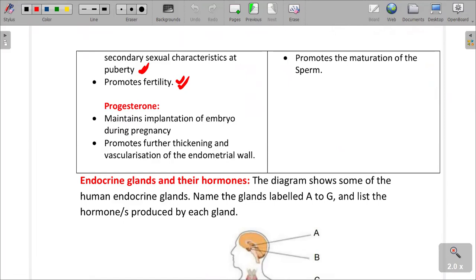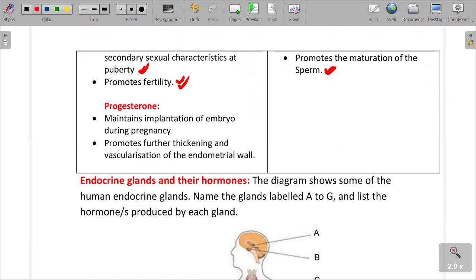It also promotes the maturation of the sperm cells. We are talking about the testosterone hormone. It also causes the development and maturation of the what? Of the sperm cells.